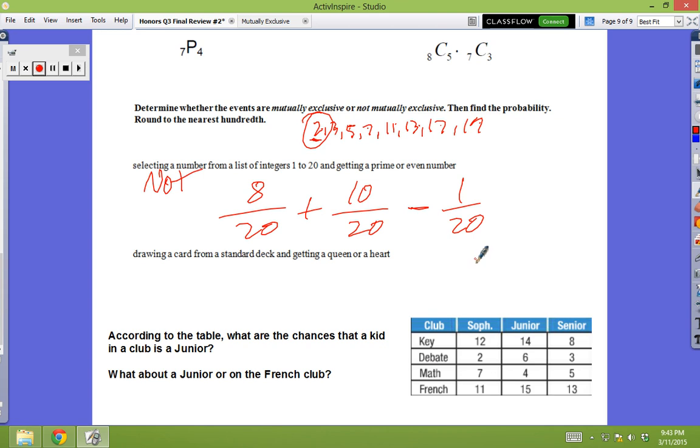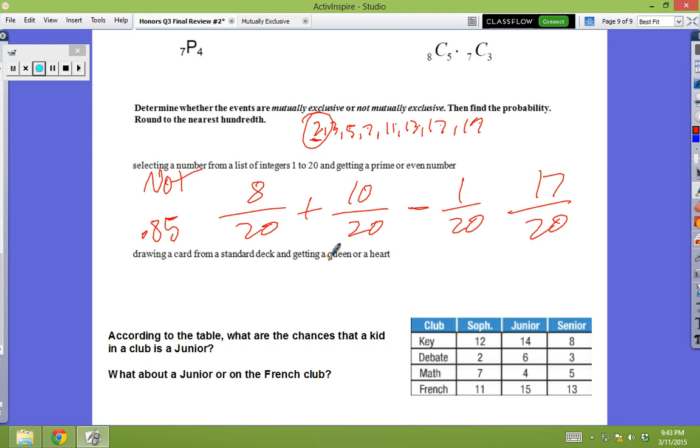So my chances of this happening are 18 minus 1, 17 out of 20. Change that to a number to the nearest hundredth. 17 divided by 20, you get 0.85 or 85%. So it's actually a pretty good chance that's going to happen.